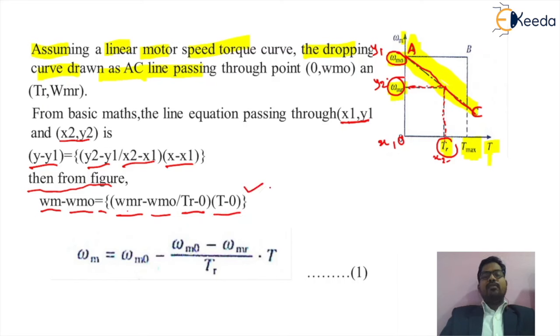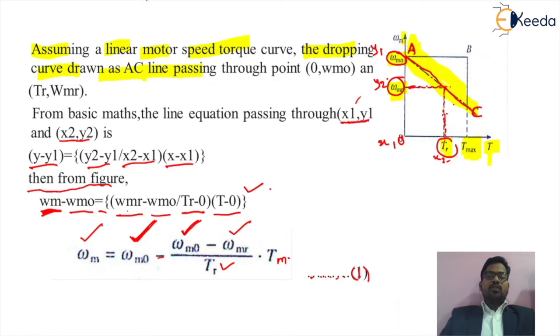From that equation we get the value of omega m, the instantaneous value of the speed, equal to omega m0, the no load speed, minus omega m0 minus omega mr, the rated value of speed, divided by the rated torque Tr, into the motor torque T. This will be called equation number one, which we get from that figure, a simple line passing through two points, treated as x1, y1 and x2, y2.